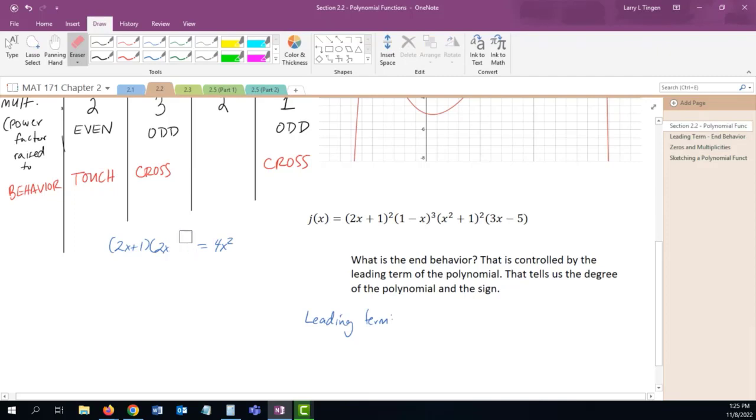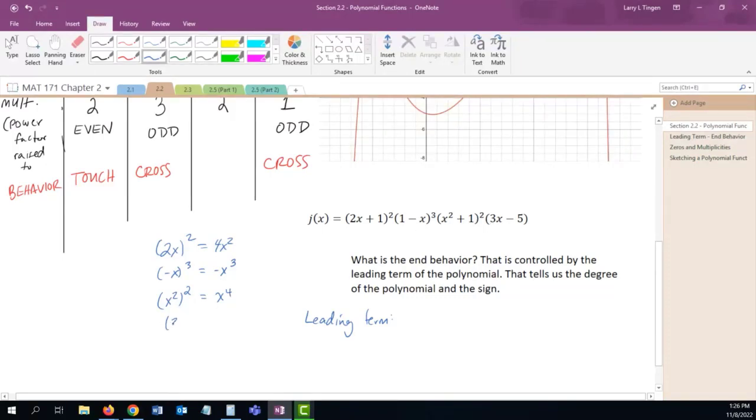So what I'm going to do is ignore the constant term, and just take whatever the term is with x in it, and raise it to the power. In the next one, that's negative x cubed. In the next one, it's x squared squared, which is x to the fourth.